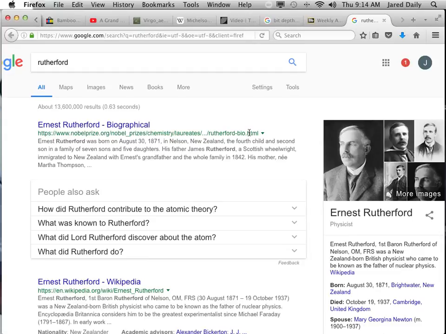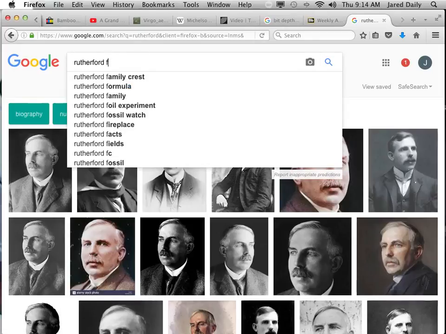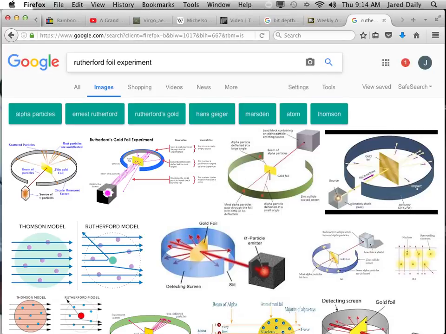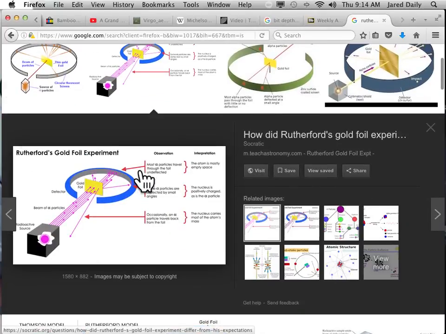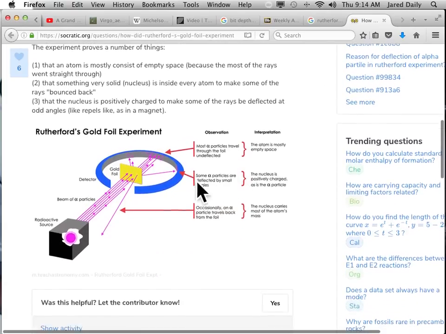He was the first one to figure out what the atom kind of looked like, or what its composition was. His experiment was really quite ingenious. Because you can't see an individual atom, he decided to use a measuring device that was about the same size as an atom. And this is what his experiment looked like. Let's see if we can view this in a little bit larger format.